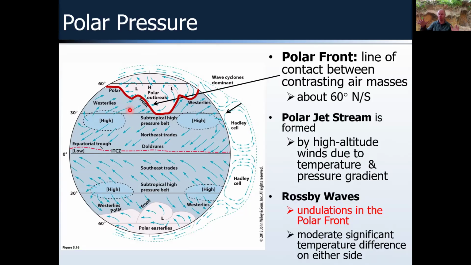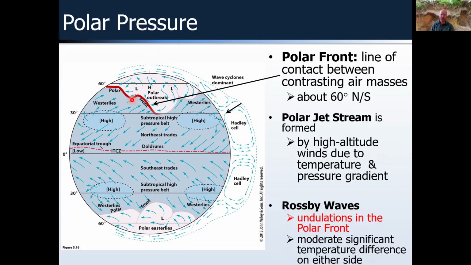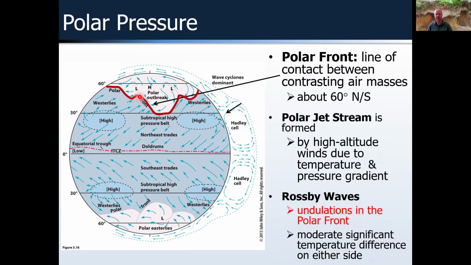But as those pressure gradients change, you have undulations, and it kind of looks like whipping a rope a little bit. And so often you'll have these big dips in the polar front or the polar jet stream going from like 40 or 50 degrees north all the way down to 30 degrees north.